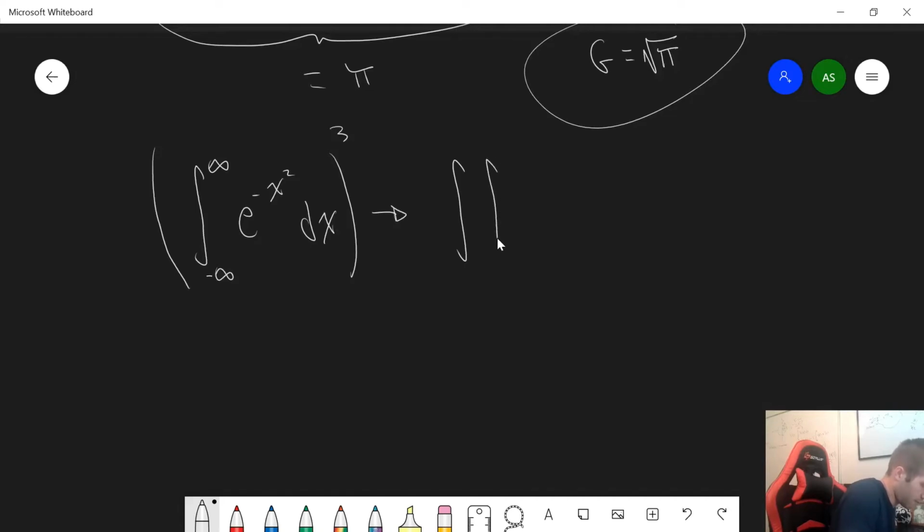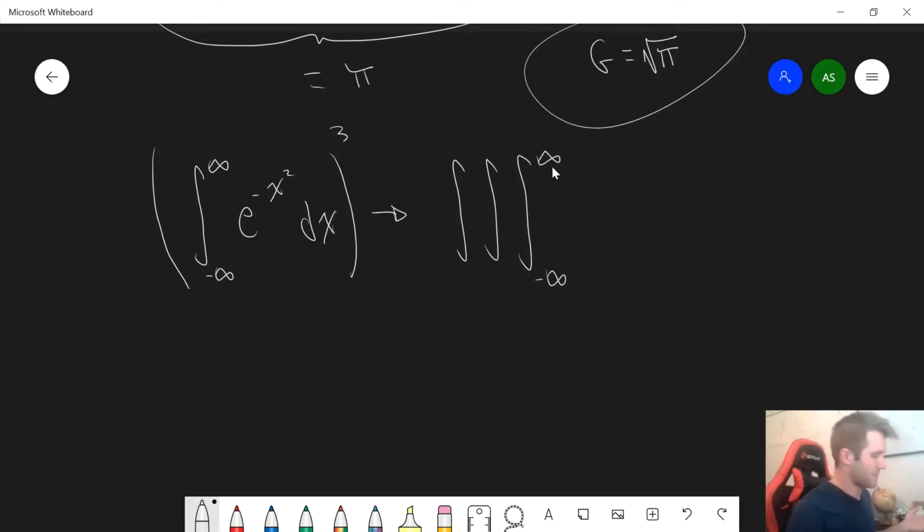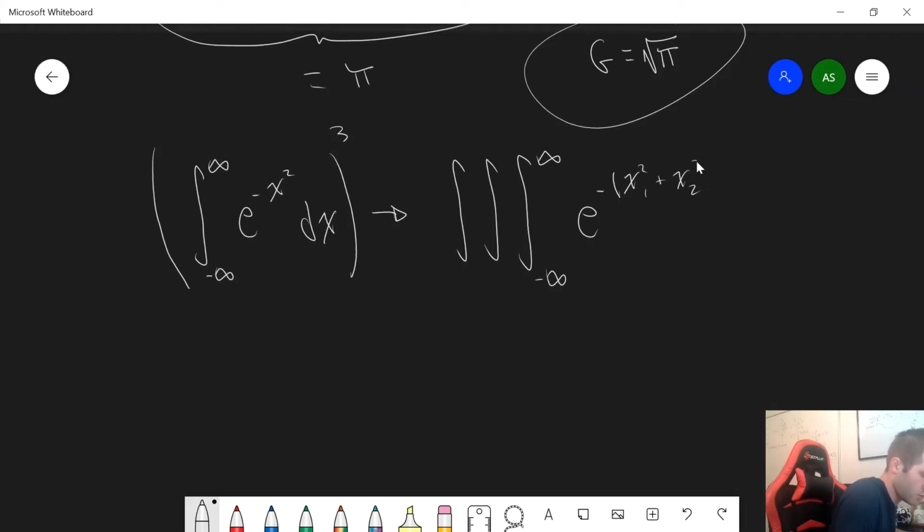Okay? So by doing that, we just simply get our integrals from negative infinity to infinity. And I'm just going to leave out the other limits, just in the interest of time. So we're going to have e raised to the negative x1 squared plus x2 squared plus x3 squared, dx1, dx2, and dx3.